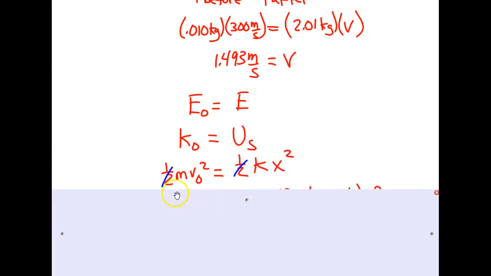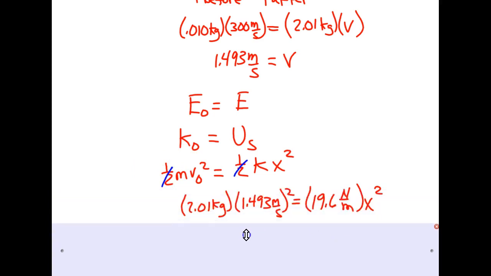Our equation for kinetic, 1/2 mv₀ squared, equals 1/2 kx squared for elastic potential energy. Any canceling we can do? Yes. There's a half in both terms, so we can cancel that. Go ahead and make our substitution. We've got a combined mass of 2.01 kilograms moving at 1.493 meters per second.